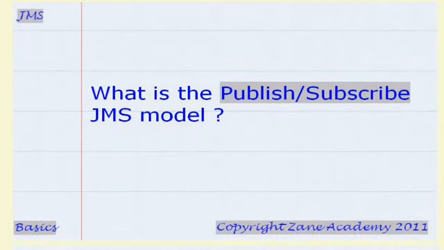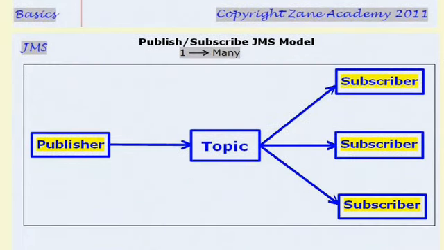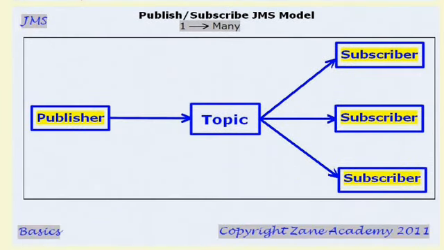We mentioned that there are two models, so let's talk about the publish-subscribe model. What is the JMS publish-subscribe model? It's essentially a one-to-many model, since we have one publisher publishing messages to a topic, and many subscribers that can receive the message published by that publisher.